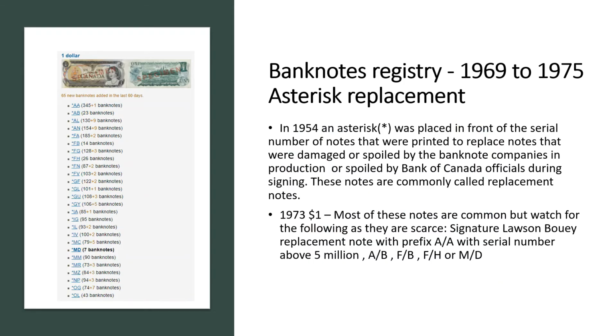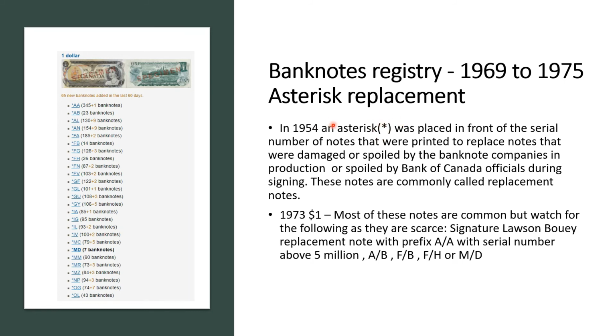Well, that was all the slides I had on the serial numbers and the different varieties there. So the next part then is the prefix, and the first slide here I have is about finding an asterisk.